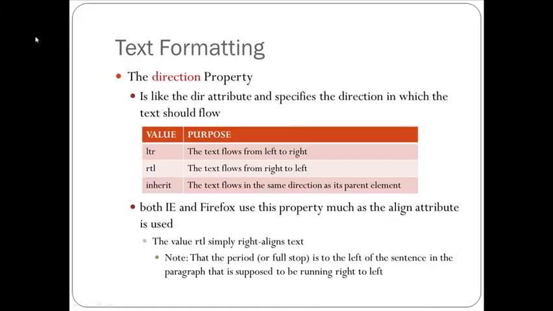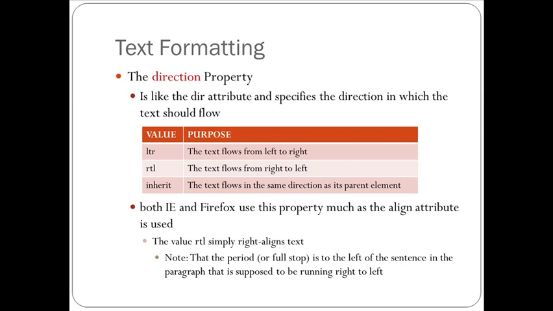Then we have the direction property. It's like the direction attribute, which specifies the direction in which the text should flow. This is not going to do exactly what you might think it's going to do. It has a left to right, a right to left value, and an inherit that just allows the text to flow the same direction as its parent element.